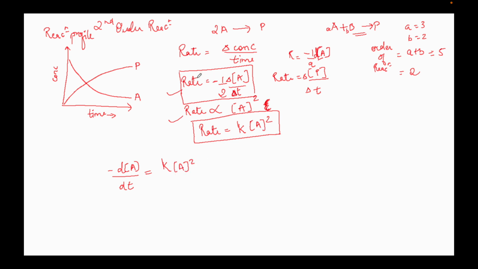So we have two rate formulas. One is the differential rate law and one is the definition of the rate constant. We have these two equations, so we are equating these two equations. Okay, they both help us to find out the rate of a reaction.